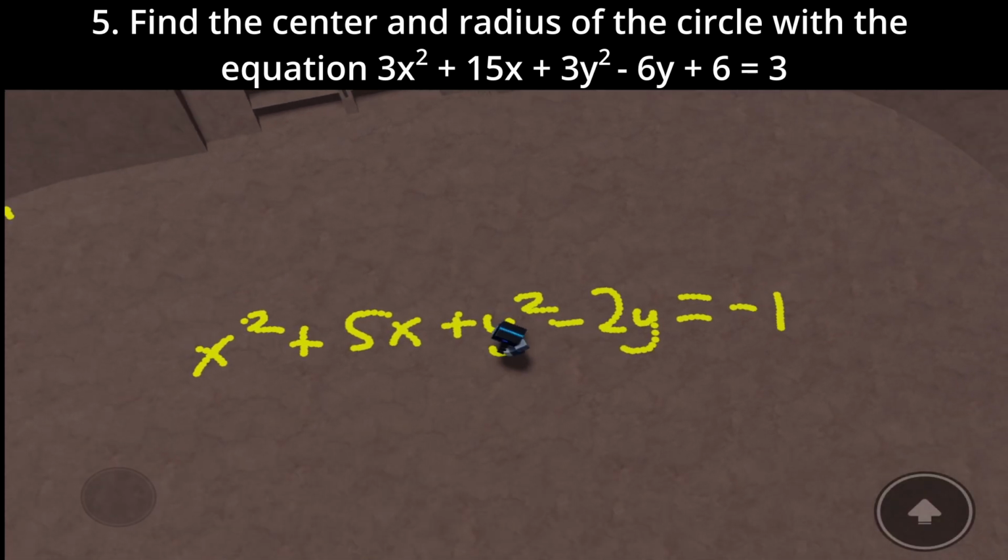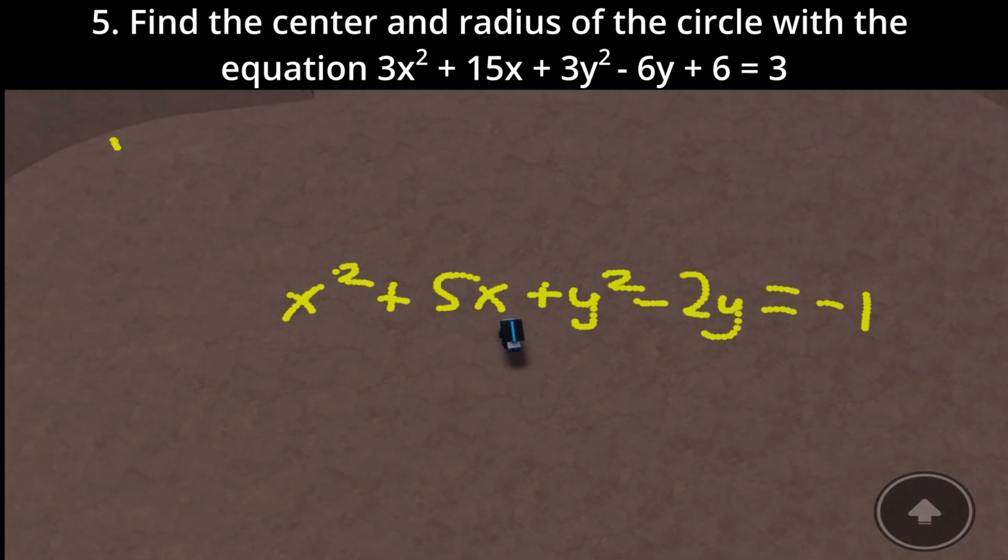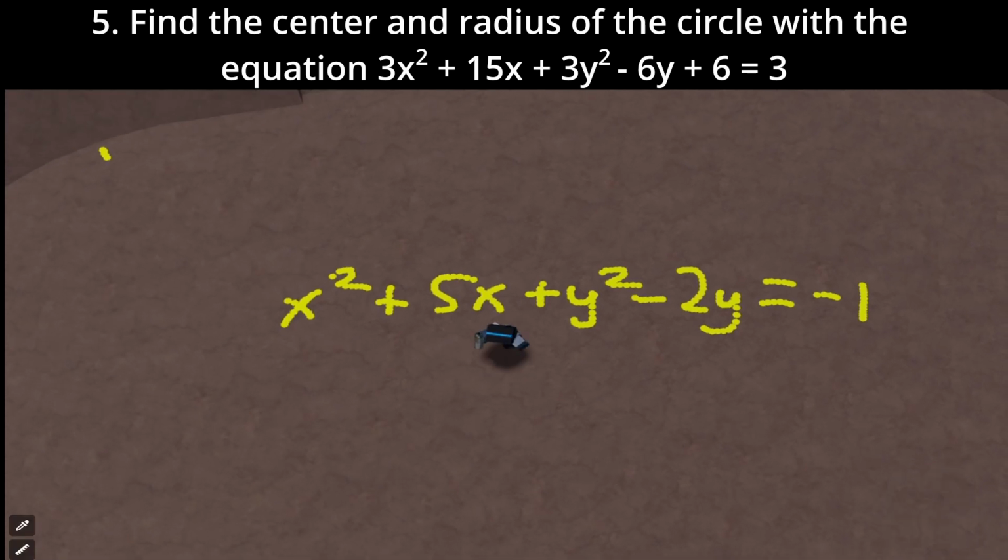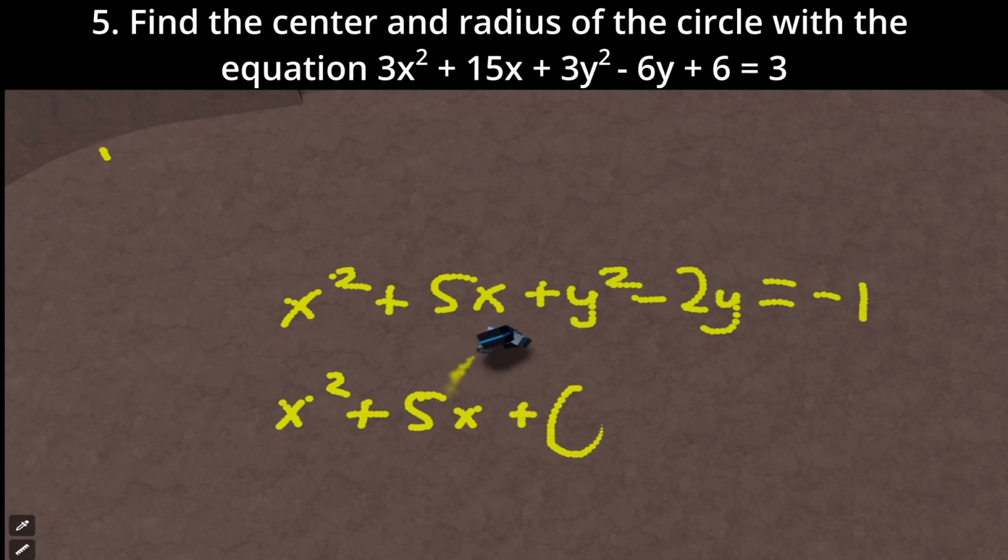Okay, next thing I need to do is complete the square with x and y so I can get it into the factored form. So first, I have x squared plus 5x. I need to add a special number that allows me to factor it into x plus h, or minus h, depending on what number it is, squared. So remember, to find that number, you take the x coefficient, first divide it by 2, and then square that number.